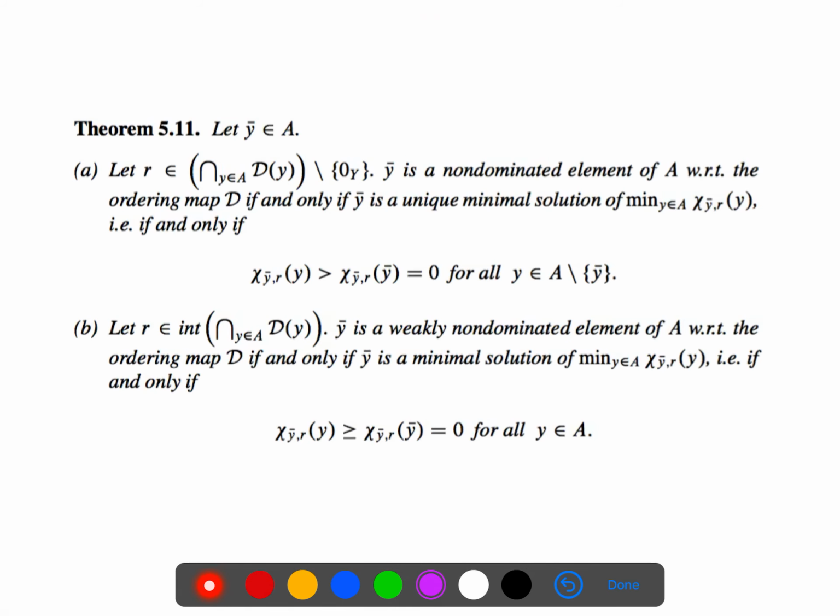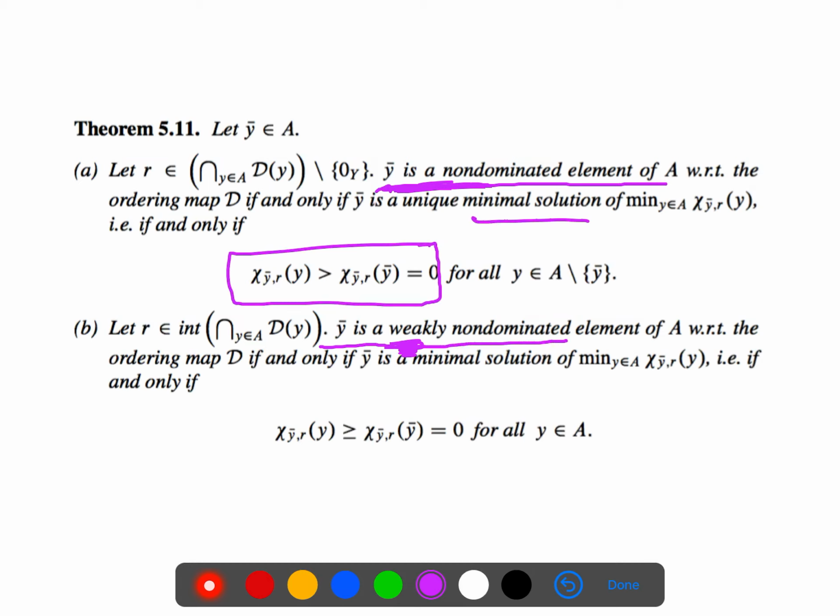Here, for example, if y bar is a non-dominated element with respect to the ordering, then again, minimization of the functional helps us, because you can find those minimal solutions as well. This holds even if y bar is a weakly non-dominated element. Here we don't care about whether it is weak or not, but there we care about weakness as well.